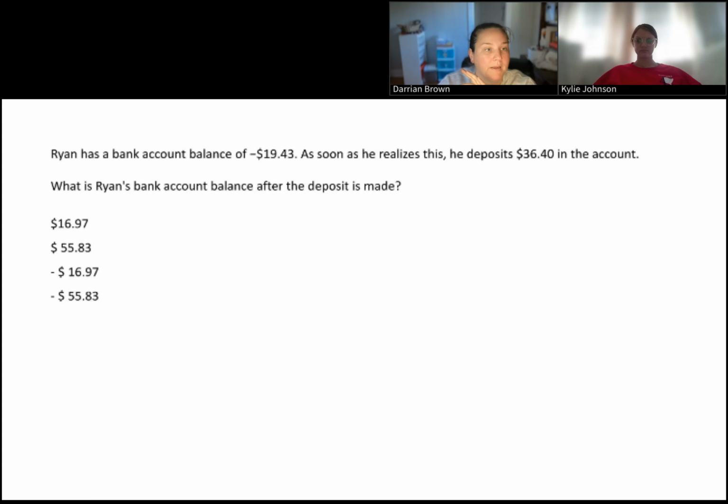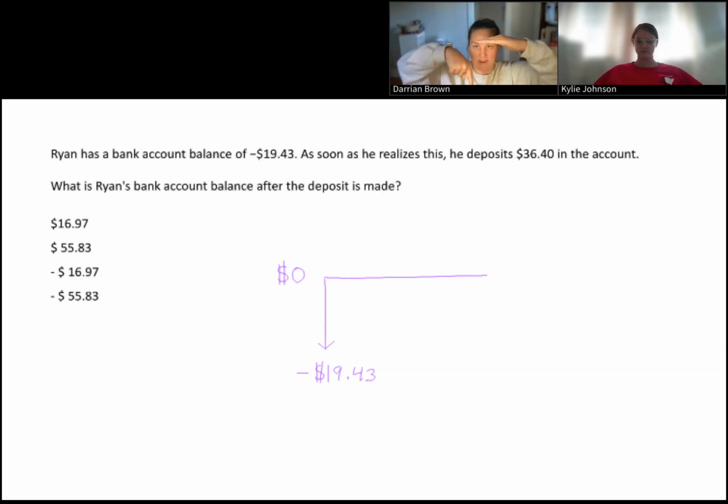So before we do any math, I want to kind of give you a visual. Okay, so his bank account started at $0, right? Everybody's does. Then he spent, which means he went down, he spent negative $19.43. So his started at 0, he went down to 19.43.